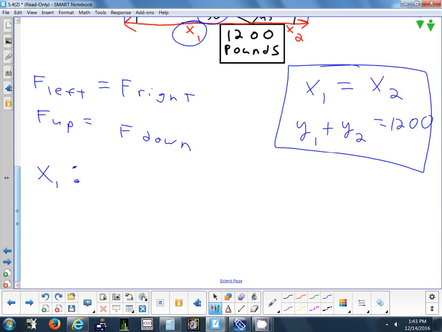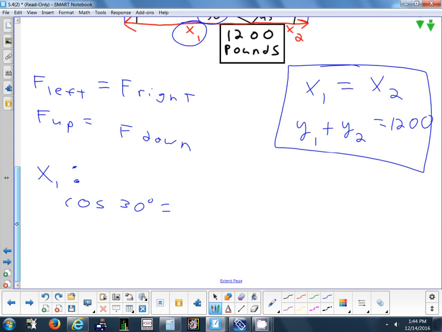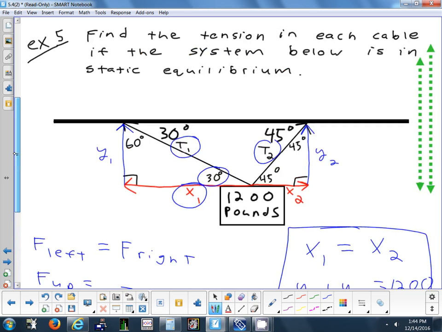Cosine of 30 equals, what side is adjacent? What did we label it as? X1 over, what's the hypotenuse? T1.